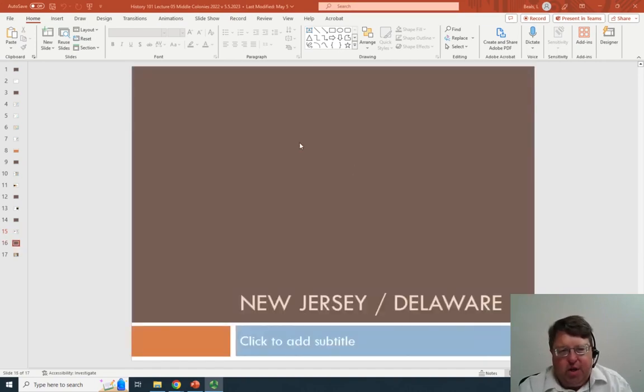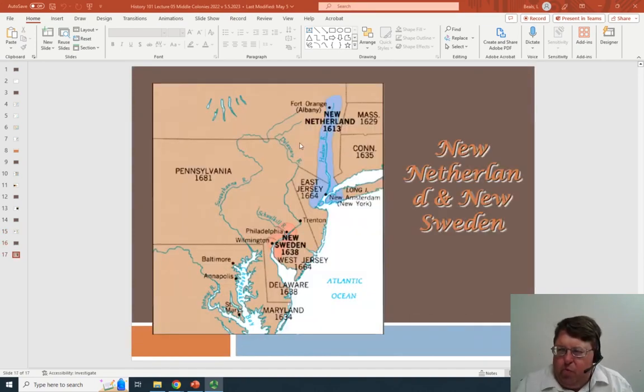How do we get New Jersey and Delaware? So this is that region. You see New Netherlands in the blue, right? In the same war with the Dutch, the Dutch lose Jersey.